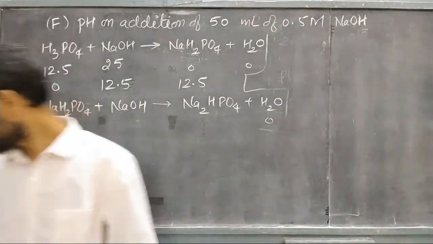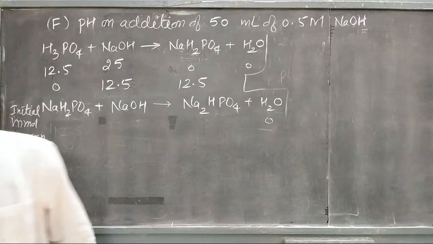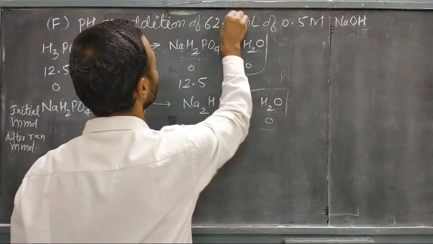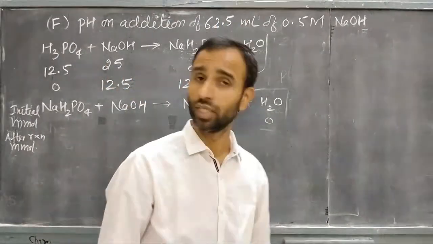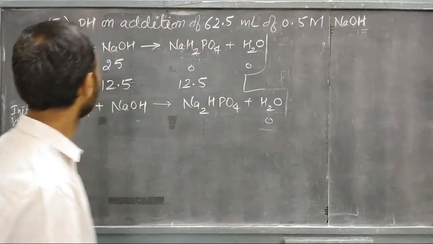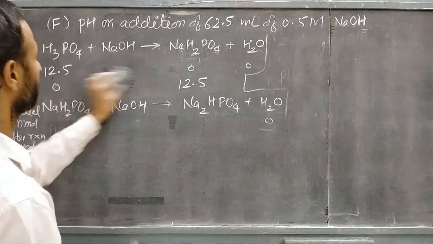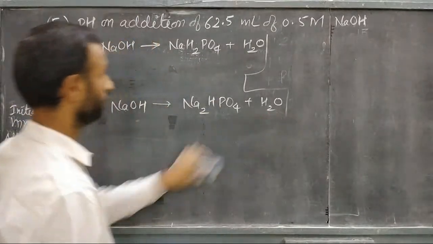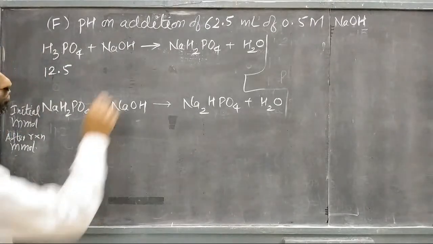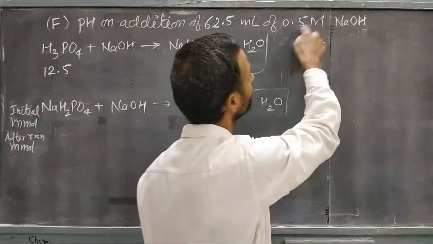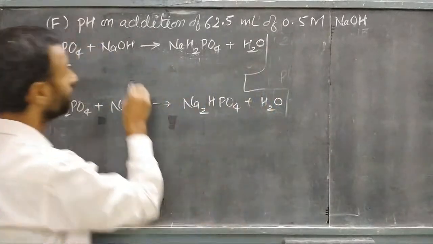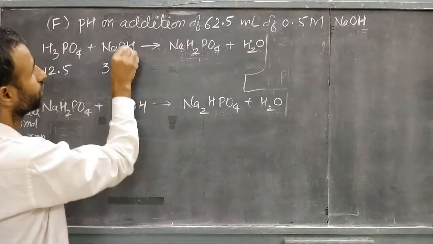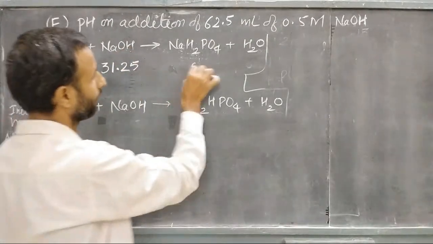Now, next is the pH on addition of 62.5 ml of 0.5 molar sodium hydroxide. So when we add 62.5 ml of 0.5 molar sodium hydroxide, we have 31.25 millimoles of sodium hydroxide.